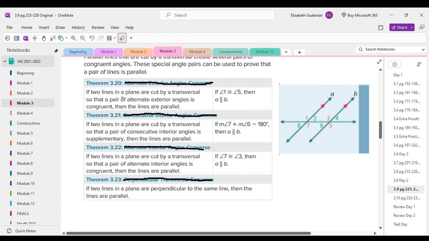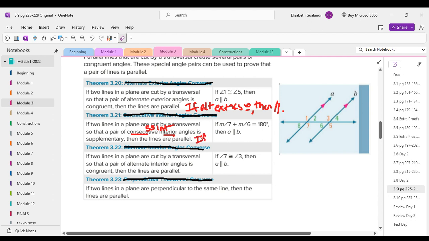So if two lines in a plane are cut by a transversal so that a pair of alternate exterior angles is congruent, then we know that we have parallel lines. So there's your if-then for that one. Here it's talking about consecutive interior angles, which is the same as same side interior angles.